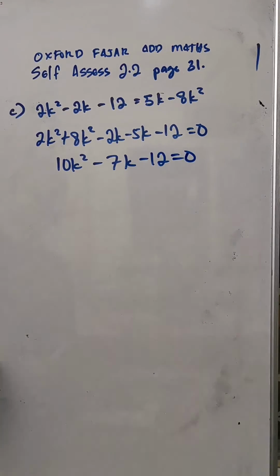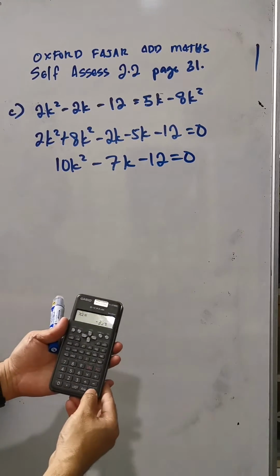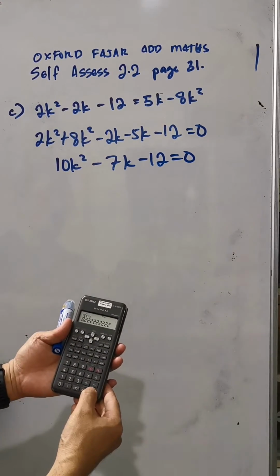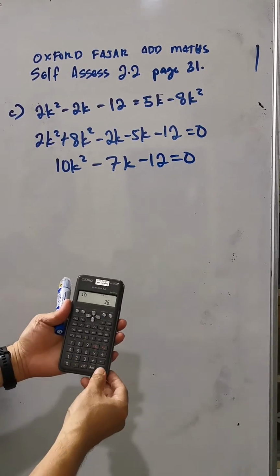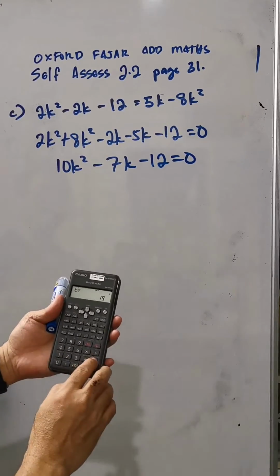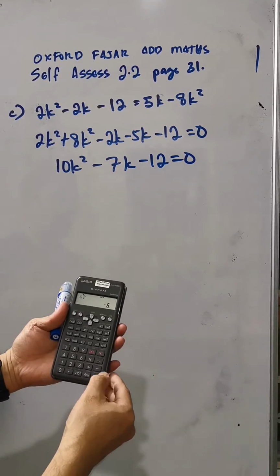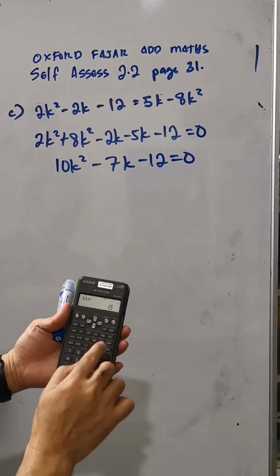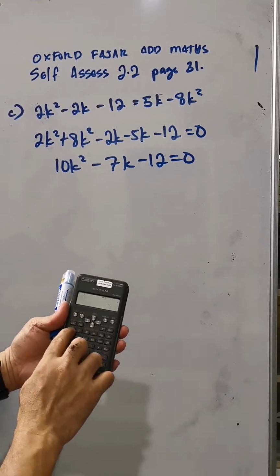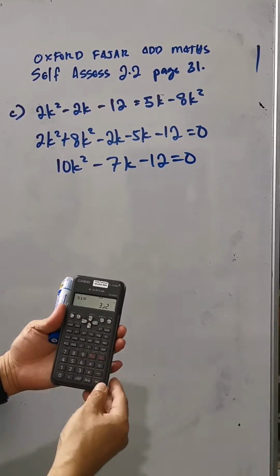So again, press the calculator. The value of A will be 10. B will be negative 7. And C will be negative 12. Then the answer will be negative 1.5. I shift ABC, we change it to improper fraction.